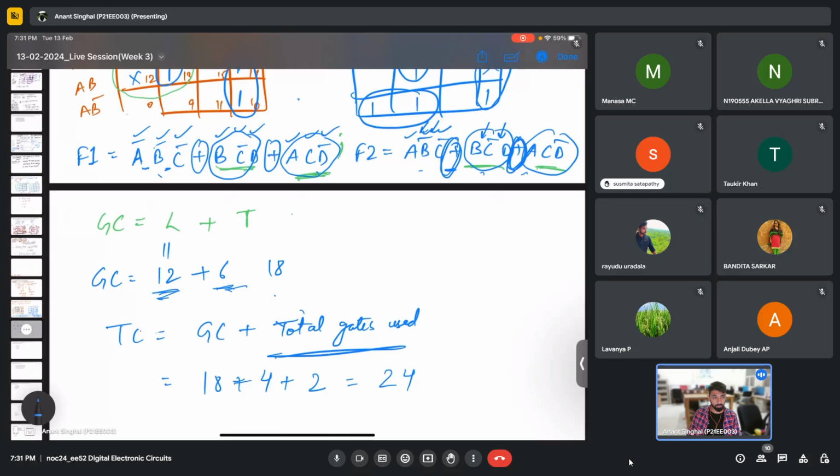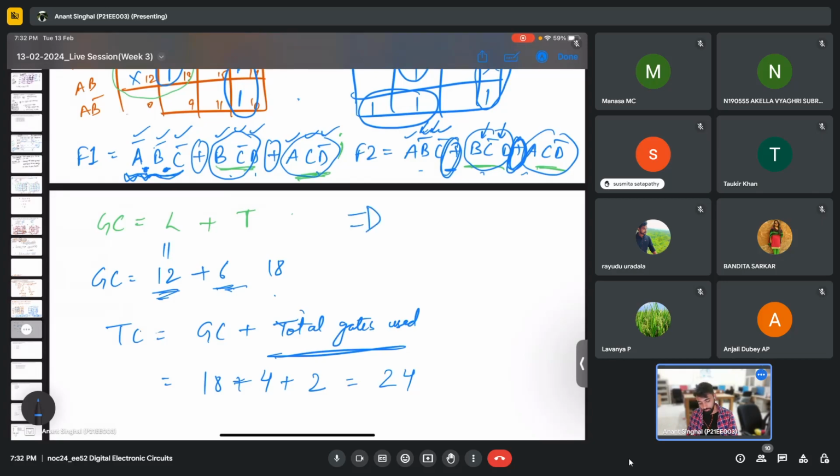Is there any doubt? You can ask straight away. How to count AND gates, sir? Okay, AND gates are counted by picking a particular term and seeing the amount of AND operations in that term. Each and every term requires two AND gates.